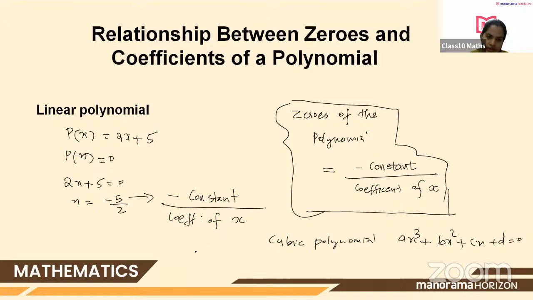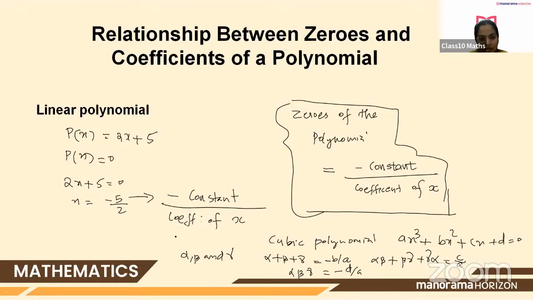If we take alpha, beta, and gamma as the zeros, then alpha plus beta plus gamma is equal to minus b by a, and alpha beta plus beta gamma plus gamma alpha is equal to c by a, and alpha beta gamma is equal to minus d by a.